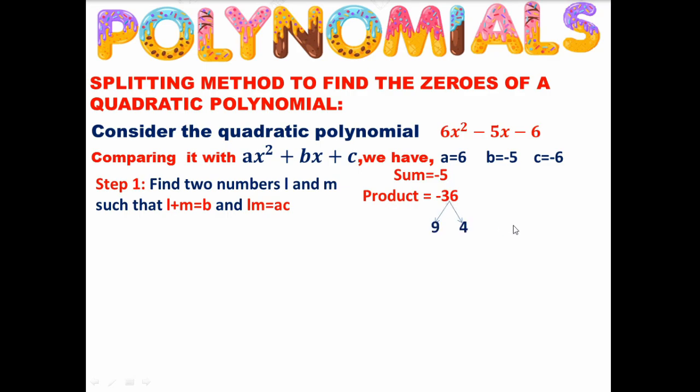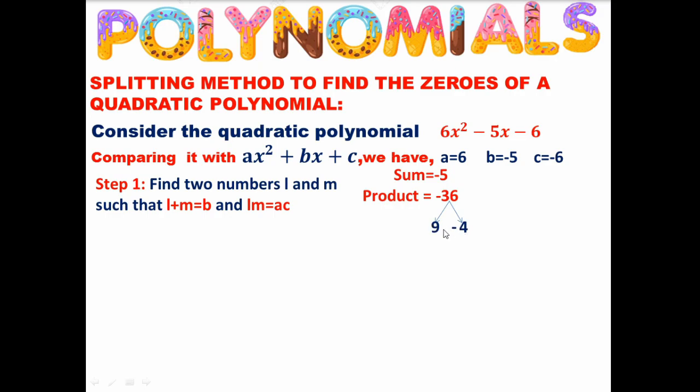And I know that 9 fours are 36. So the two numbers are 9 and 4. But I have the product as minus 36. So if the product is negative, then any one of the factors should be negative. So suppose I take here 9 into minus 4, then I get minus 36.